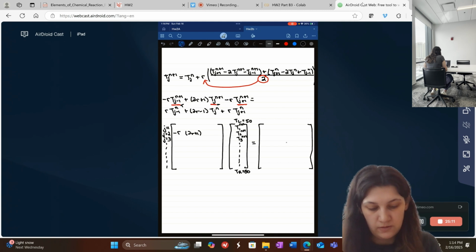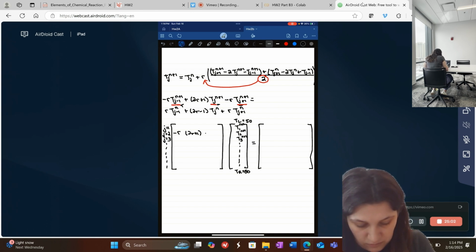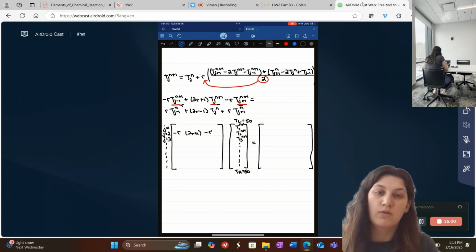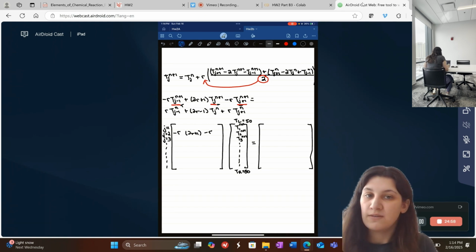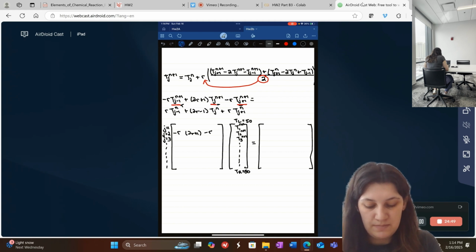And then for T_(j+1), that's our T3, which we have right there, and that's going to be minus r as well. But when you move on to T4, T5, T6, T whatever, that's no longer part of our equation, so all of those would end up being 0.